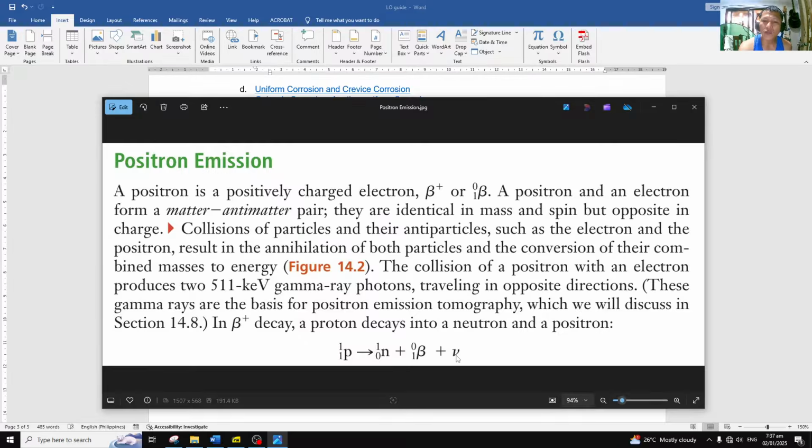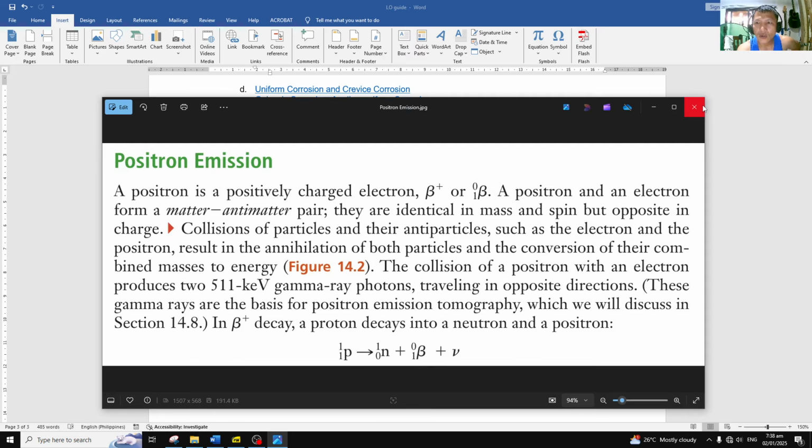And then you have your neutrino, which has no charge, no mass, or maybe a mass somewhat 1,000 times smaller than your proton and neutron. So that's how we visualize these things.